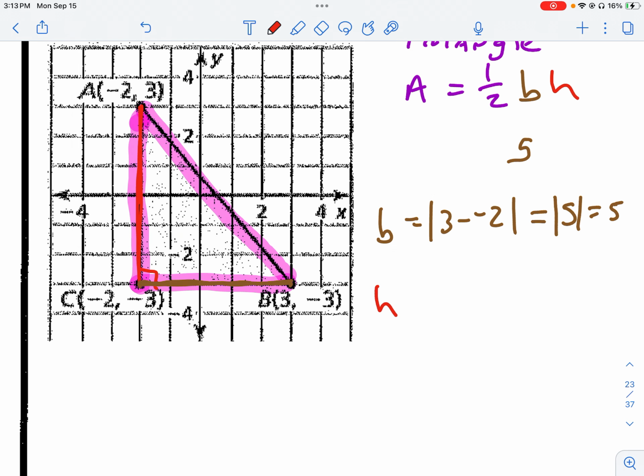Our height is AC, which is a vertical line. So all we got to do is find the absolute value of the distance of the y's. So we got -3, -3 minus 3. So that's -6, which is going to be 6.